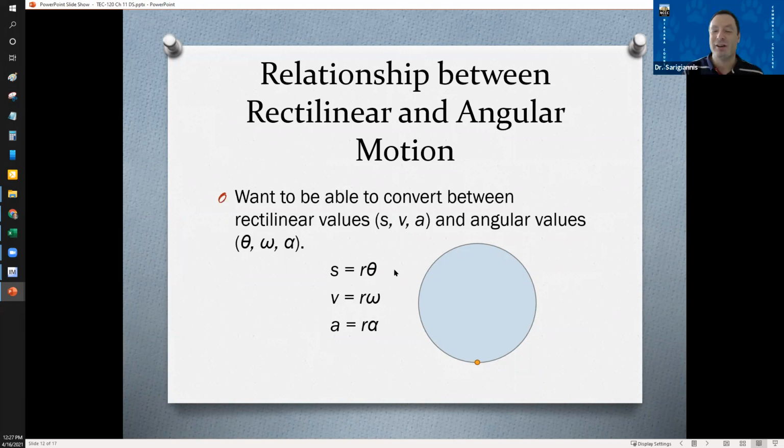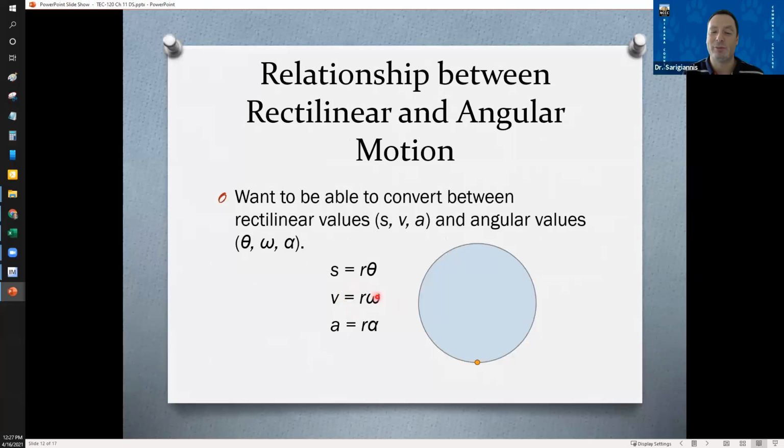Think about that equation. The circumference of a circle is pi times diameter. What is the diameter? The diameter is 2 times r, right? So this displacement is basically telling you the amount of the perimeter that you've traveled: r times the angle theta.